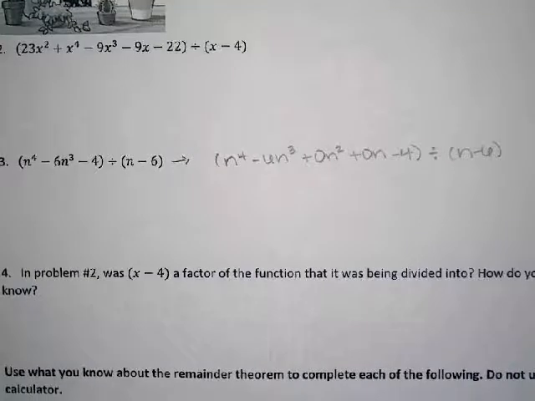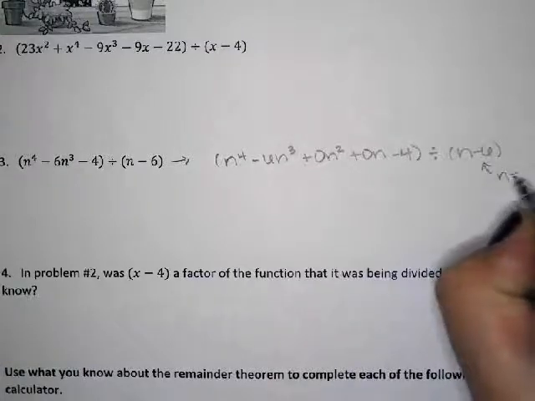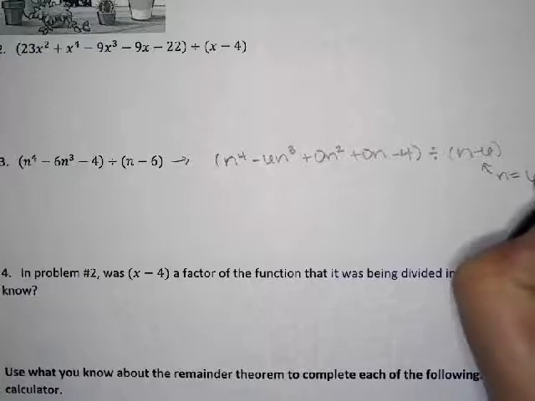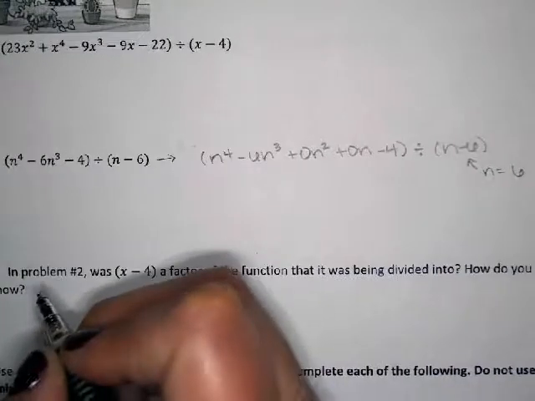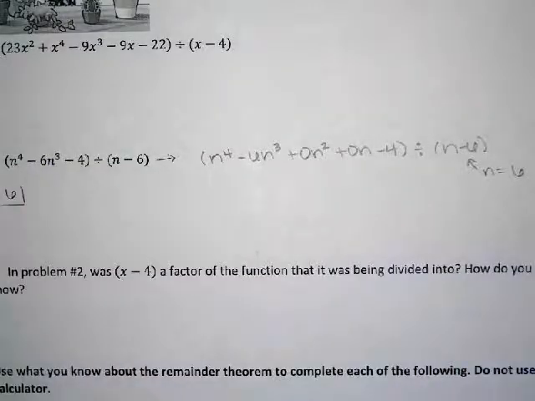And then what am I putting in the little box? N equals 6. Okay, so I'm going to start off by putting 6 in the little box. Okay, and then what should I put next to the box? 1.